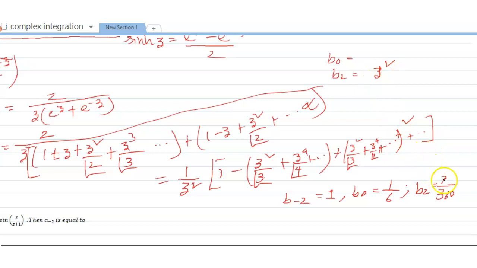That value is 7 by 360, because of 1 by 4 factorial plus the other term. If you calculate, then you can get 7 by 360. So friends, this way I can get it.